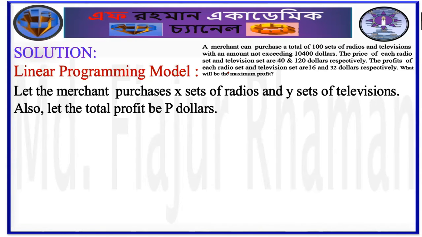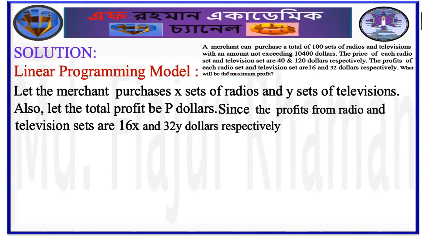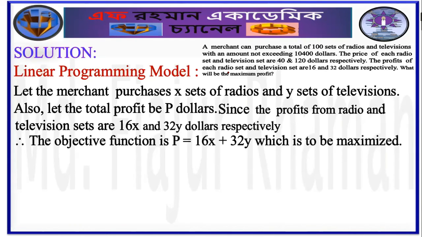Similarly, $32y is the profit of y sets of televisions. Since profits from radio and television sets are $16x and $32y respectively, the objective function is P = 16x + 32y, which is to be maximized.